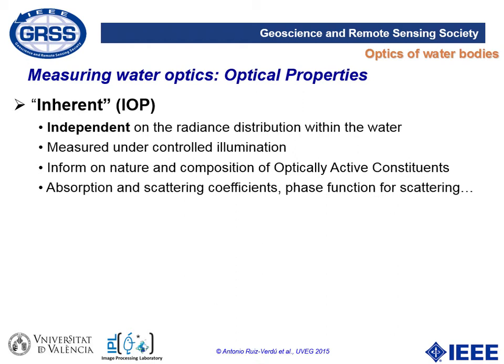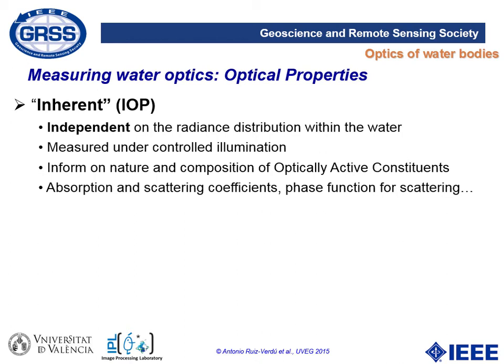When solar light enters the water body, as I said before, it is subjected to absorption and scattering, and therefore water bodies are diffuse light fields, and the angular distribution of these light fields is rather variable.